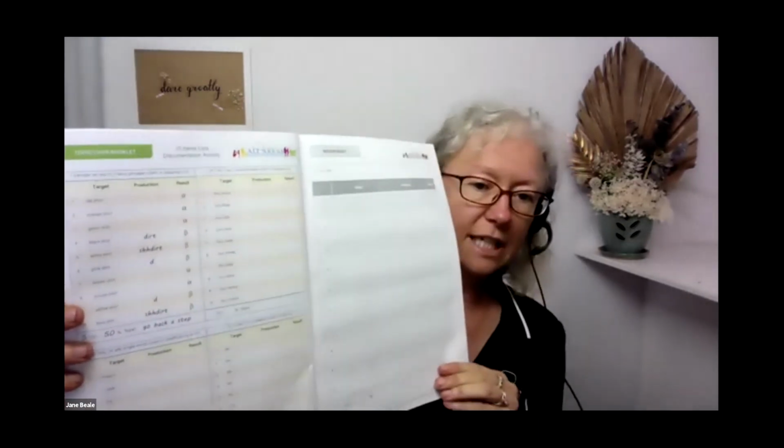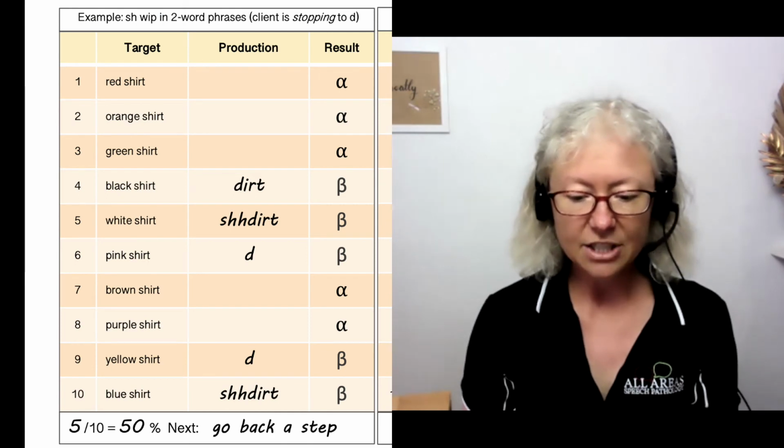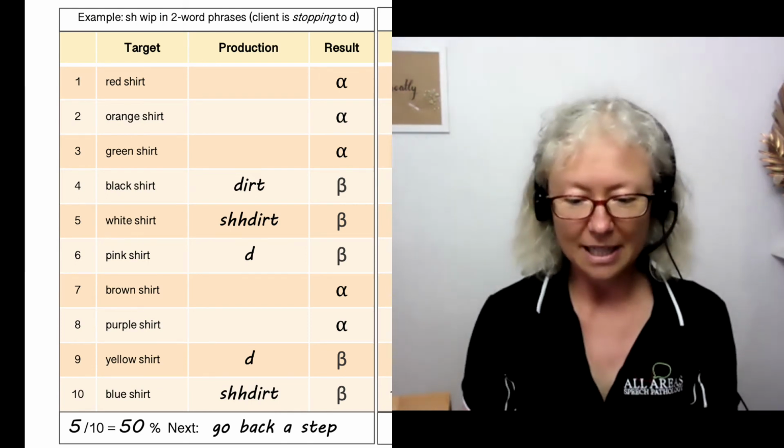Let's get our activities booklet, and we're going to have a look at these pages which relate to the topic 4 booklet. So 10 items, lists, documentation activity. The first one there is actually the example that we saw on the last page.